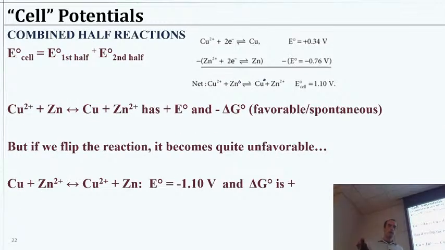Now, when we combine these two reactions, this is essentially combining, just like we did in the past, the two half reactions. And so we can look at it in terms of electrical potential, in addition to looking at simply the balance, right? So we looked at the balance already.